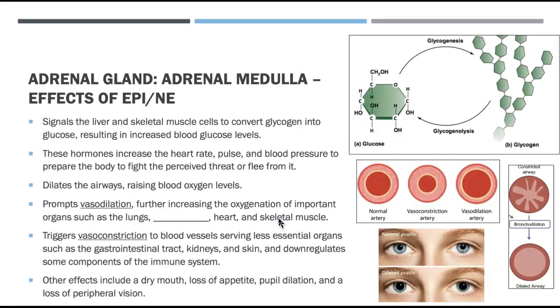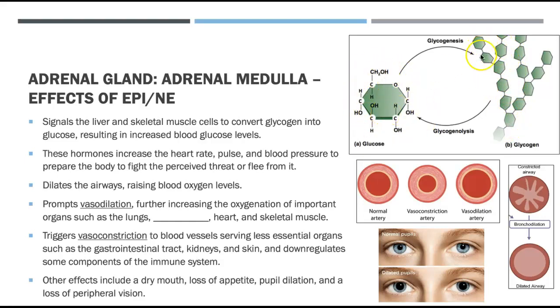So here are some more of these effects of our epinephrine and norepinephrine, and we can relate this to the effects we discussed of our sympathetic nervous system. So we're going to signal our liver and our skeletal muscles to convert glycogen, which is going to be these long chains of glucose molecules, into just our glucose molecules.